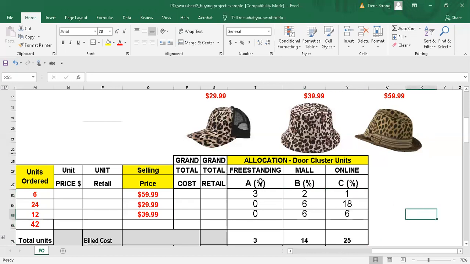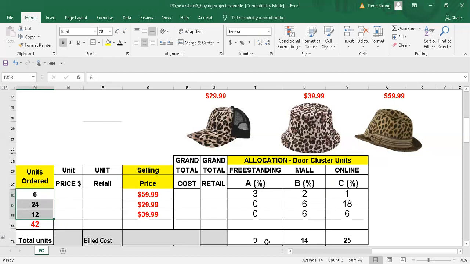Now I want to do my percentages. What is the percentage of the breakdown? We're going to need this number, the 42, because that is how many hats we've purchased. So 42 hats in total for this small order.